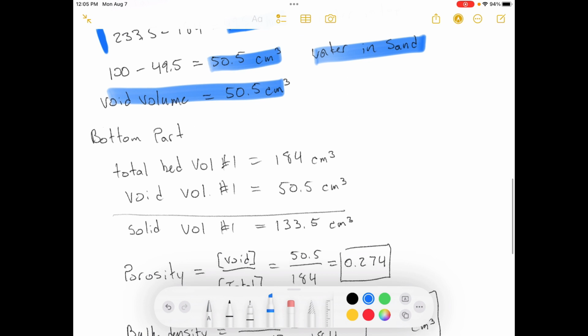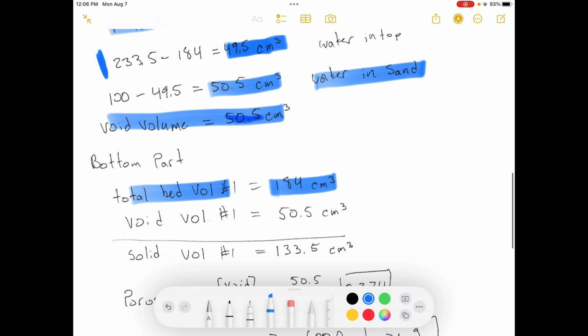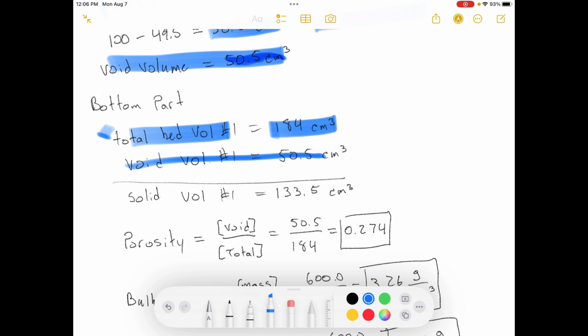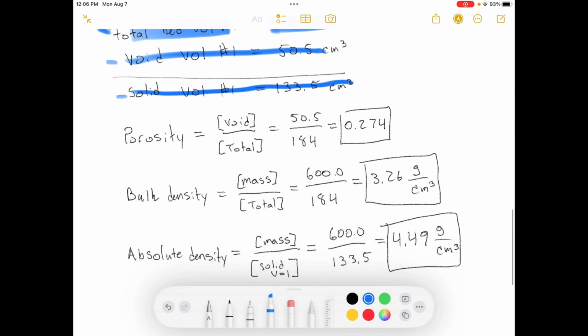Now we start looking at the bottom part, and we say the total bed volume in state 1 was 184. We knew that the amount of void volume was 50.5. So how much was our solid volume? Total volume minus void volume equals solid volume. That's our solid volume there. The porosity, they asked us what the porosity was, and they gave us the ratio in the problem statement.